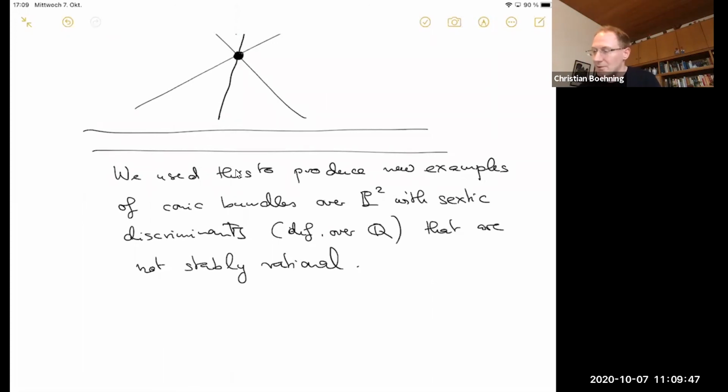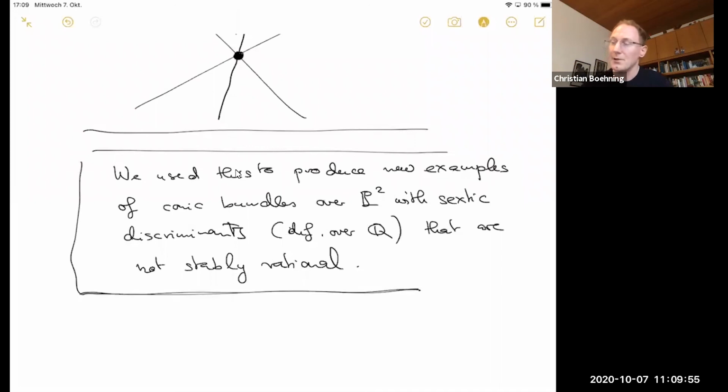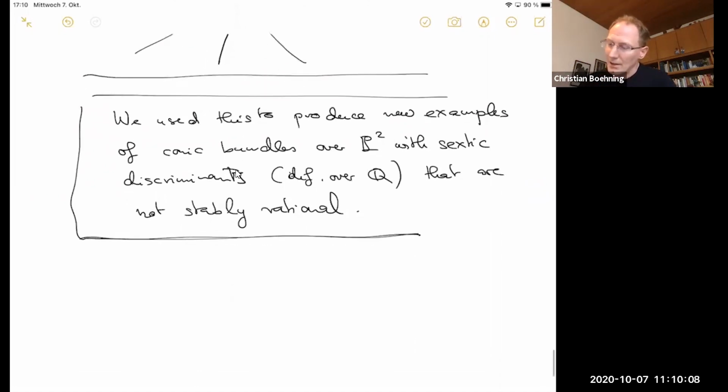They are very special, having explicit equations, and we can show they are not stably rational, applying this theory and reducing to characteristic 2. In these cases, no other method can be used to prove that they are not stably rational. Discriminants only become reducible in characteristic 2, and there are no other methods either that one can use, as far as I can see.